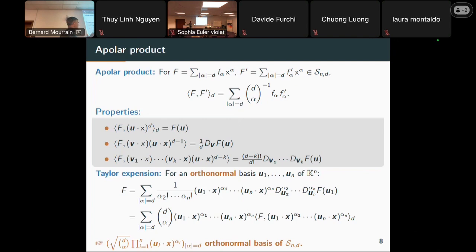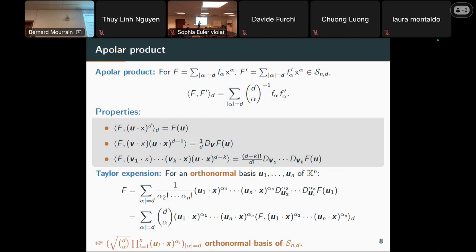Somehow you can look at this as: you choose the direction u_1, you have an orthogonal space, and in this space you choose an orthonormal basis u_2, ..., u_n, and look at the Taylor expansion in these coordinates, which corresponds to the apolar product. So now you have this expansion in terms of powers of y and x.